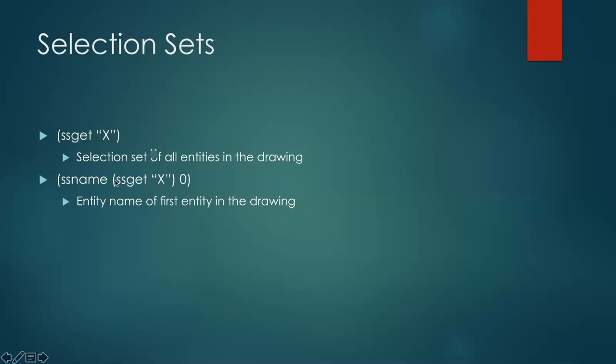So for instance, given any selection set, SSNAME 0 of that selection set. You see how it has two arguments: the set, and then which one, from 0 to however many are in there. That will return the entity name of the first entity in the drawing. I'm going to show that in operation in just a couple of seconds.